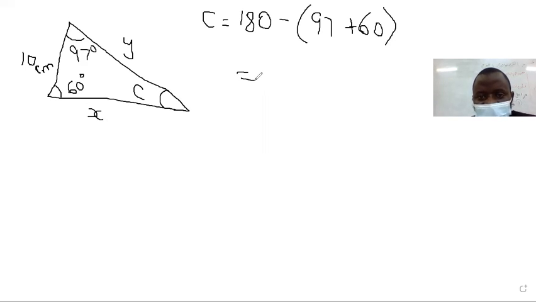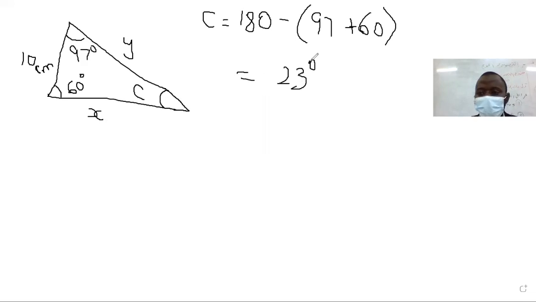Now, what is angle C? What is 97 plus 60? That should give us 157, right? Yes. So what is 180 minus 157? We have 23. It means angle C is 23 degree. That's very interesting. Angle C is 23 degree, right?